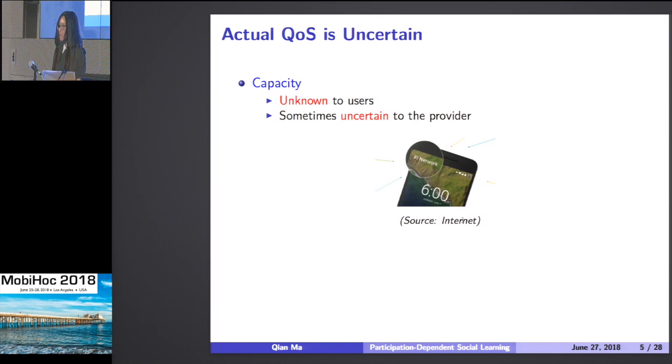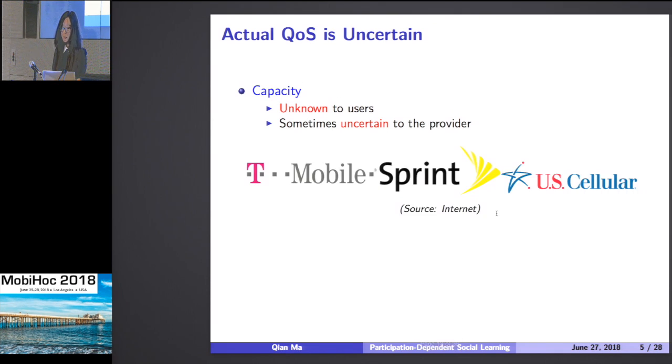The first reason is that the capacity is unknown to users, and sometimes it is even uncertain to the service provider. For example, Google's Project Fi is a mobile virtual network operator, so it does not own its actual wireless resources. It leases resources from three traditional mobile network operators, including T-Mobile, Sprint, and US Cellular.